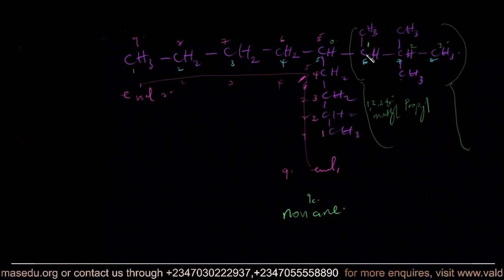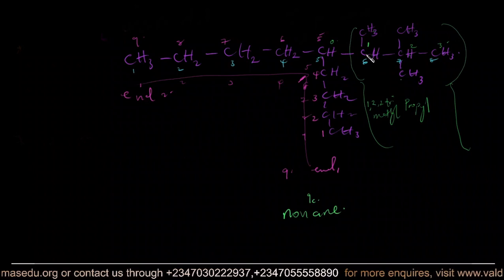On carbon number 2 we have 2-methyl. So we are going to name it as 1, 2, 2, since there are 3, trimethyl propyl. Okay, now we are going to join this together to the name of the main chain.